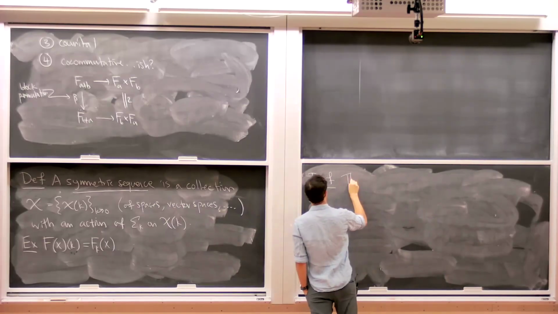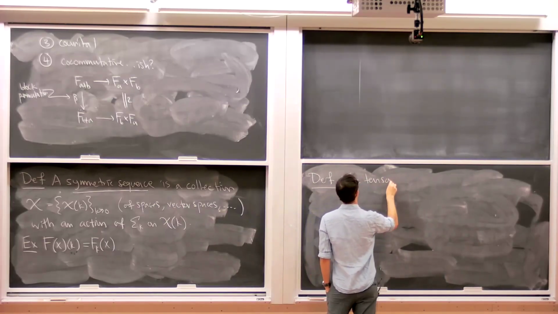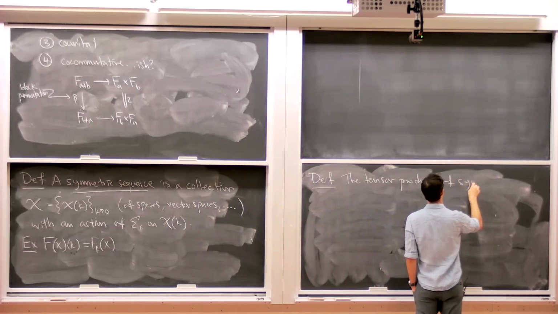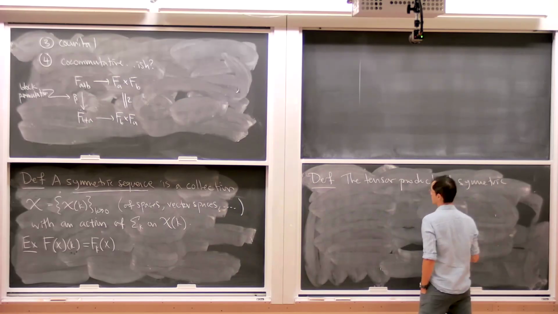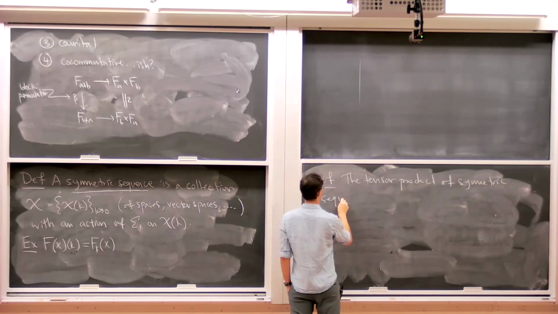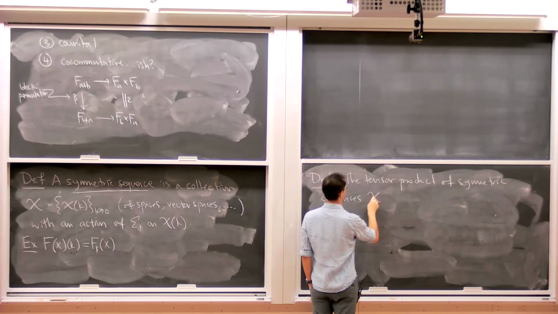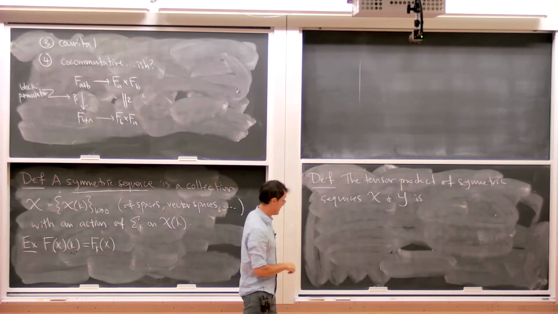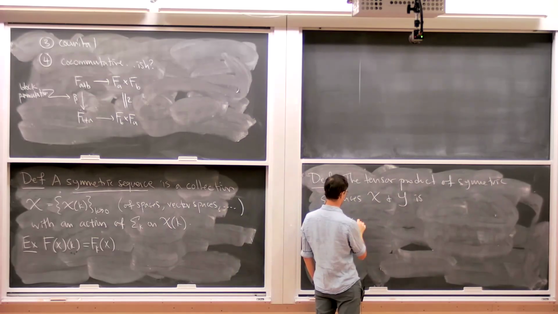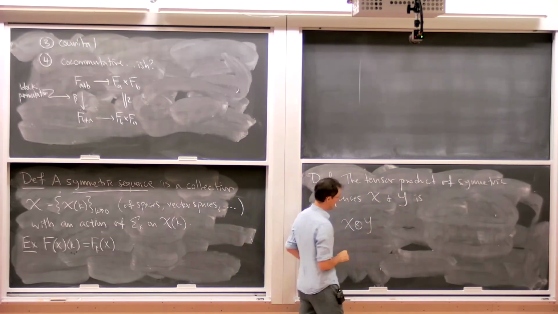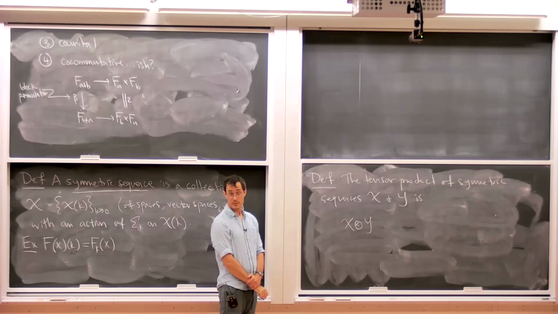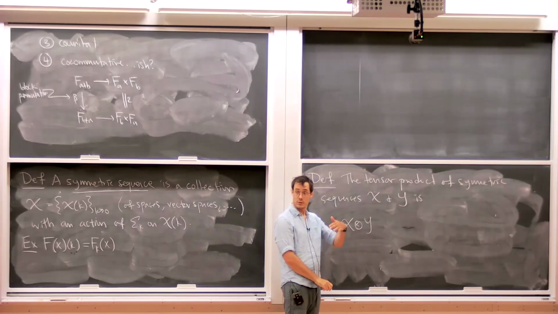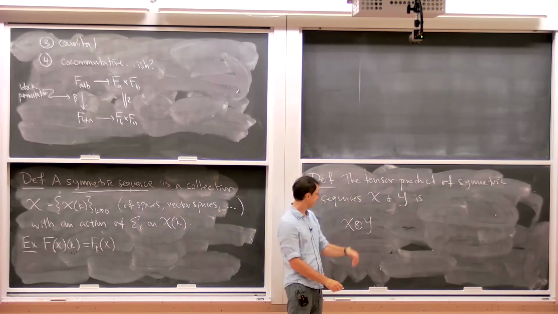So the tensor product of symmetric sequences X and Y is the following thing. I want to tell you who a symmetric sequence is, and so I have to tell you who that symmetric sequence is in each arity or weight.